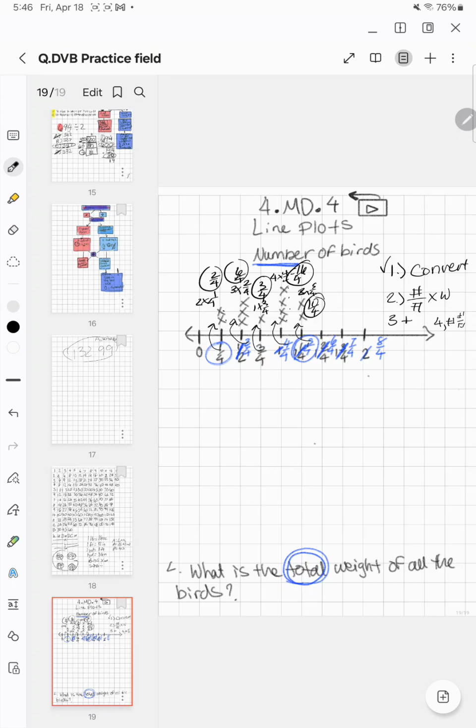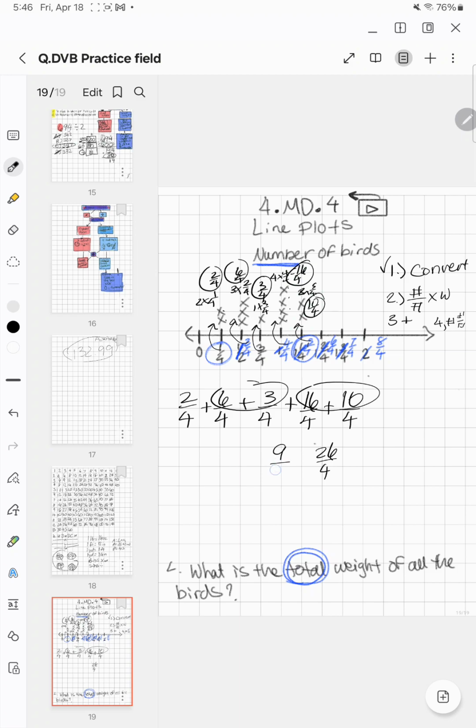So the end is just adding it up. I got 2/4 plus 6/4 plus 3/4 plus 16/4 plus 10/4. And I like to add in chunks. So that's going to be 26/4.